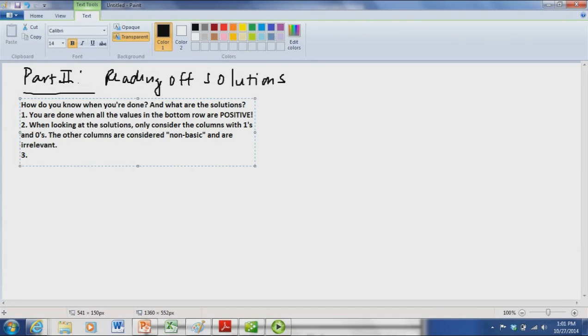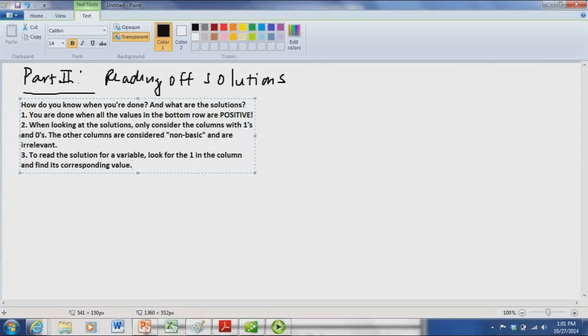All right. To read the solution for a variable, look for the 1 in the column and find its corresponding value. That one is kind of unclear.